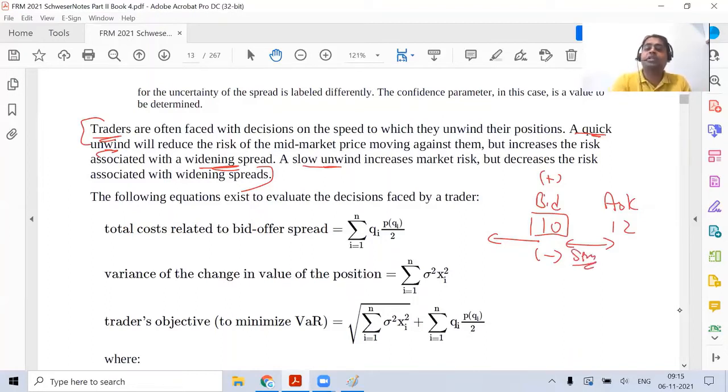But there can be a situation where the market price itself is going down. The market price might move against me. So that is the impact of slow unwinding. I want you guys to read this paragraph properly and understand the difference between trying to unwind fast and trying to unwind slowly.